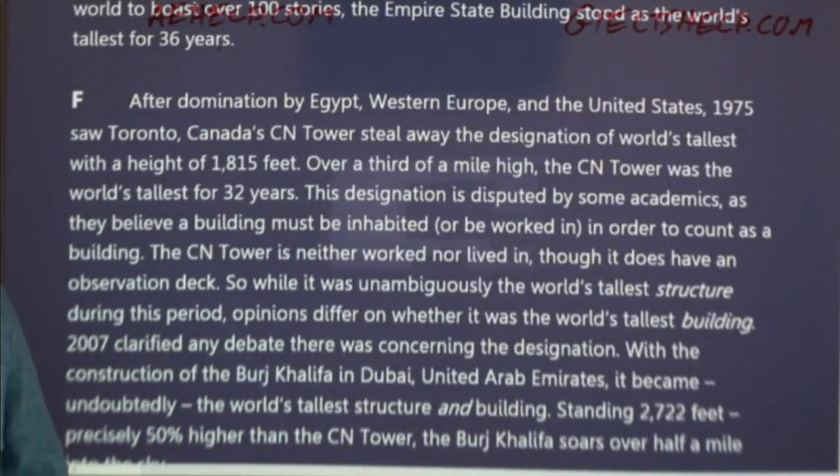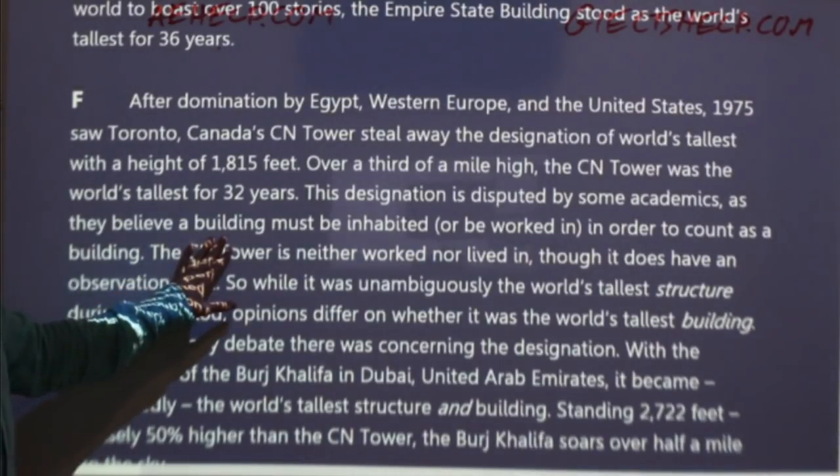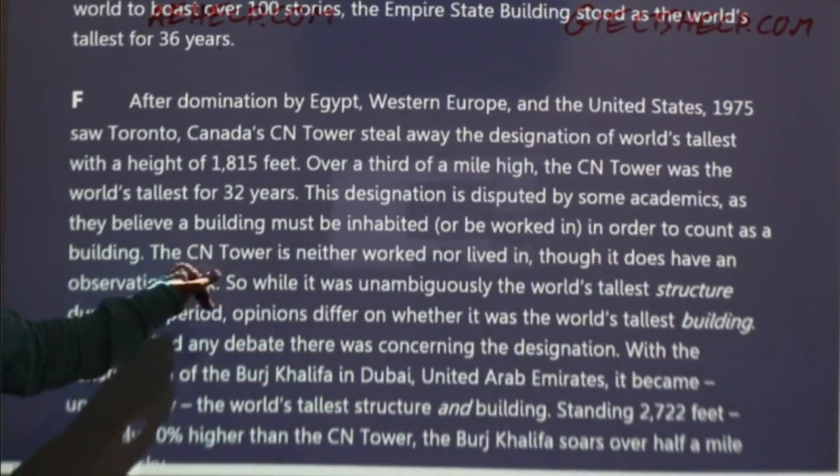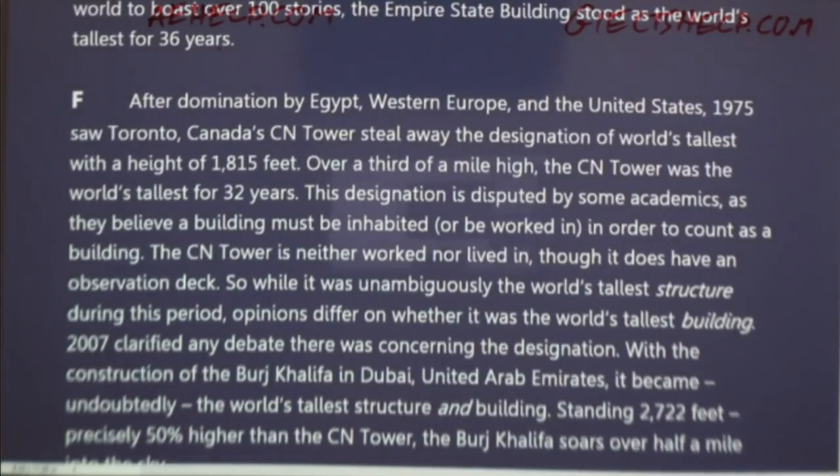This designation is disputed by some academics as they believe a building must be inhabited or be worked in order to count as a building. The CN Tower is neither worked in nor lived in, though it does have an observation deck. So while it was unambiguously the world's tallest structure during this period, opinions differ on whether it was the world's tallest building.